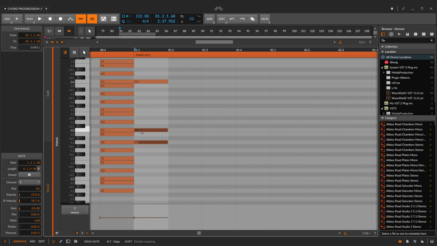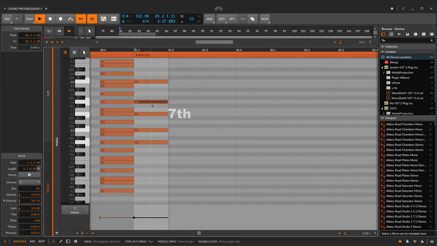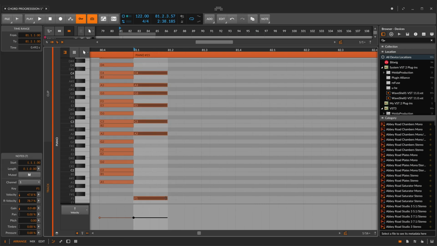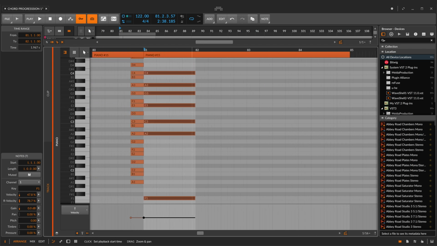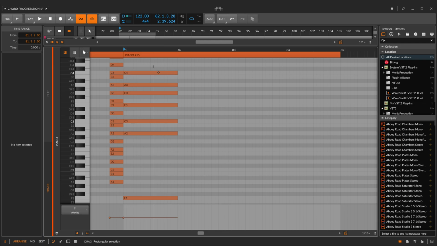I'll duplicate the 5th, more energy, and now the second tip, adding tensions on your own chord progressions. Basically, tensions are the extension of your triad. They are the 7th, 9th, 11th, and 13th above the root note of your chord.